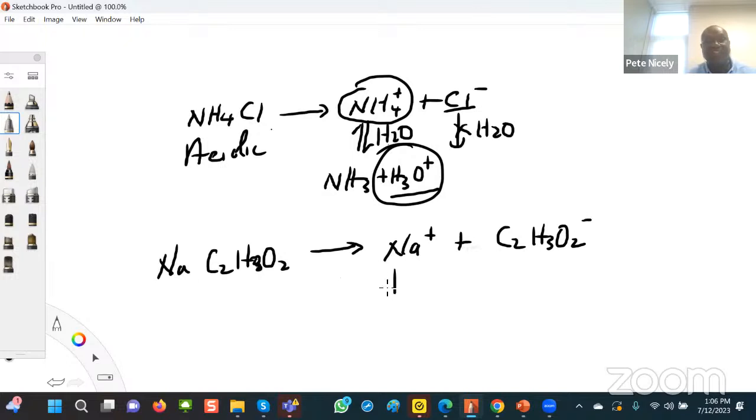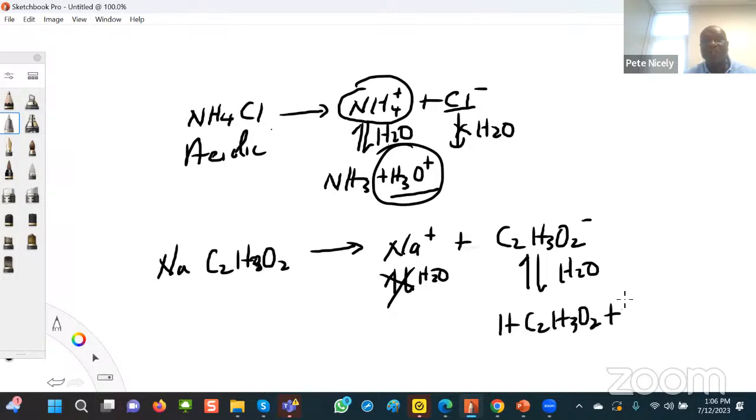Again, based on what we discussed before, the sodium will not react with water, so there will be no hydronium ion produced. But in this case here, the acetate will react with water to form acetic acid, which is HC2H3O2 plus OH minus. So in this case, the resulting hydrolysis or reaction with water of the acetate will produce the hydroxide ion, and therefore that will make this solution basic.